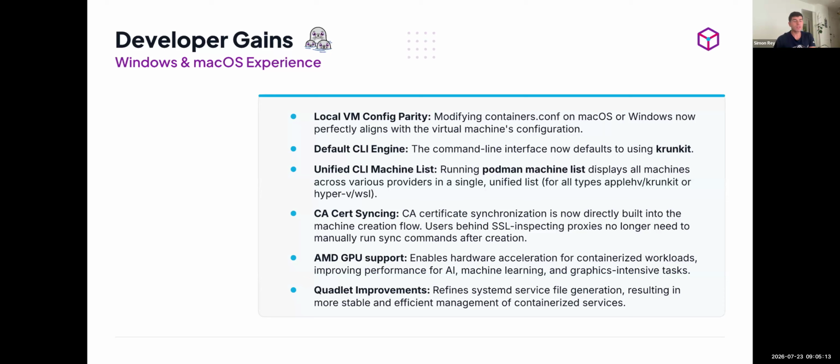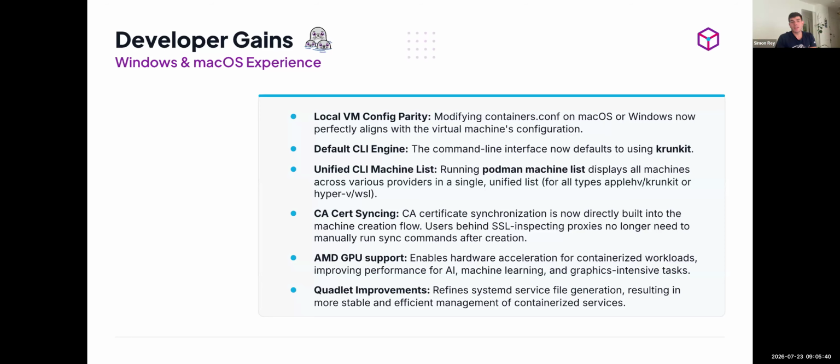So with Podman 6.0, when you modify the containers.conf file on macOS or Windows, now it will be automatically synchronized with the Podman machine. Actually, it's the same file mounted in the Podman machine. So now you won't have different settings here and there, so it's better for development.